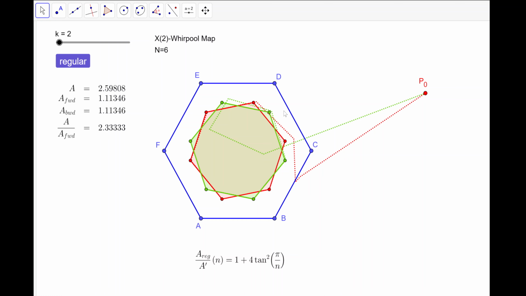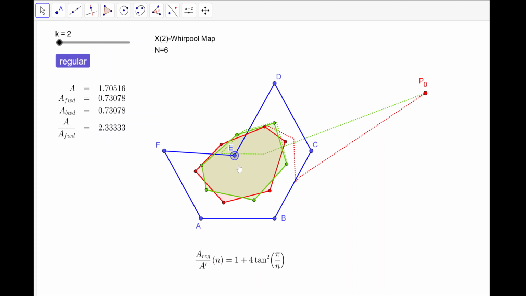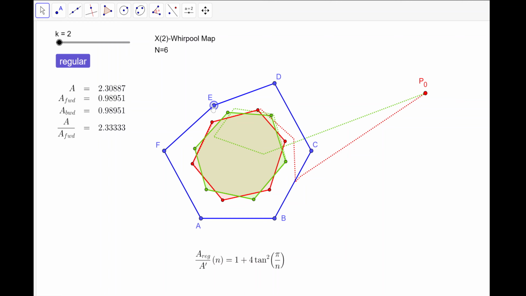Now, as we said before, look at the property. I'm looking at the regular hexagon here. I'm just going to slide some random vertex, for example, E, away from its regular location. I'm perturbing E here. Notice how the area ratio does not change. It's still 7/3.